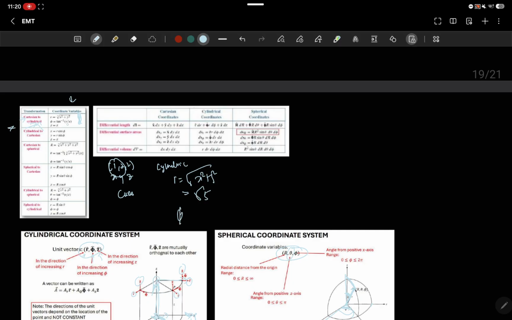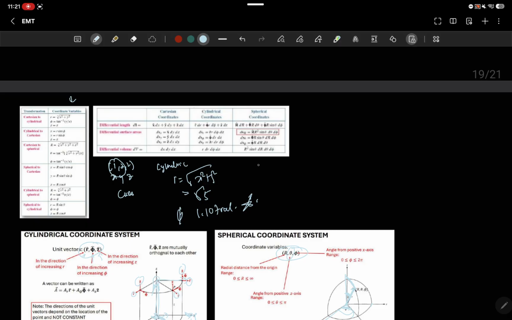Same goes to theta, the tangent, and you plug in the value, you'll get 1.107. Please do remember, put your calculator in radian angle input, not degree. Make sure it's in R. Then z is just a normal z.